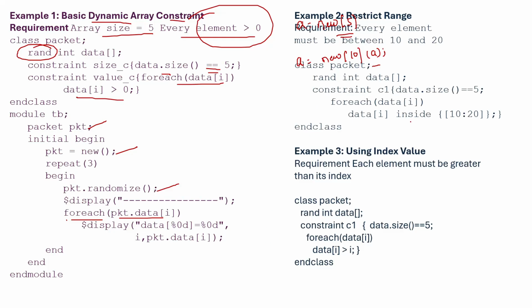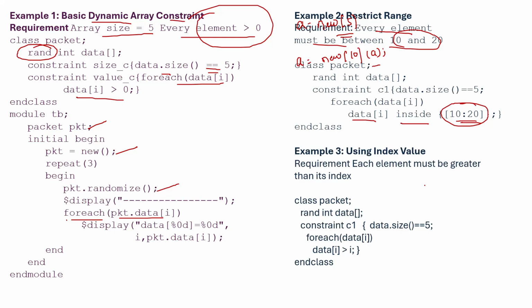So inside operator, data of I inside 10 to 20. So he's mentioned that every element must be in between 10 to 20. Whenever you are asked to write some constraint to generate some range values, you need to consider the inside keyword. Inside keyword will give you that range values. So only 10 to 20 I will get the values.